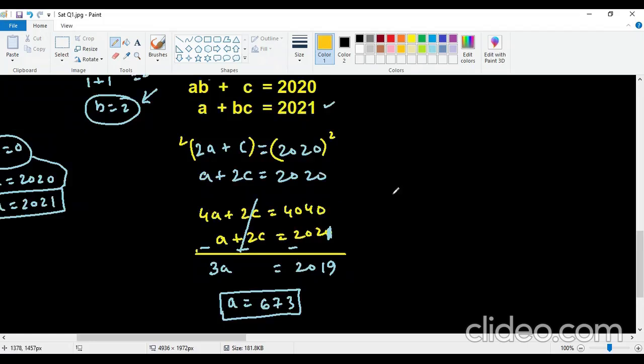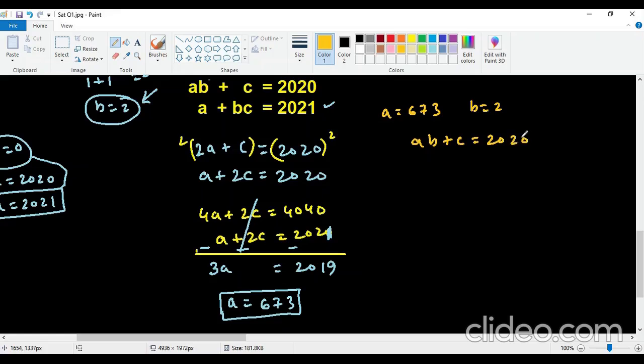Is 674, 673, and the value of b is 2. So we can take any equation we want. I'm taking the first one, ab plus c equals 2020.